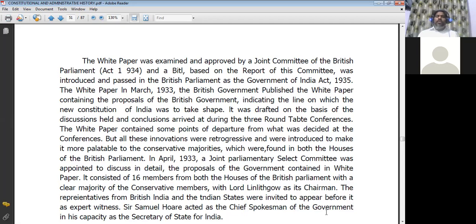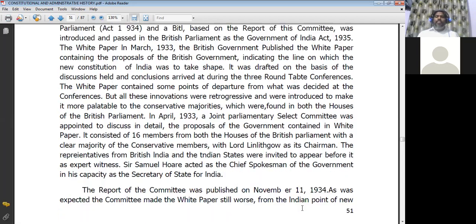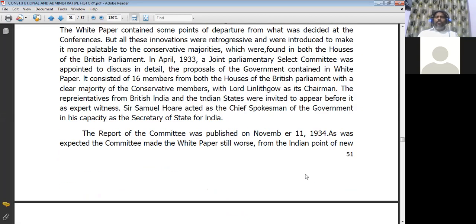The representatives from British India and the Indian states were invited to appear before it as expert witnesses. Sir Samuel Hoare acted as chief spokesman of the government in his capacity as the Secretary of State for India. The report of the committee was published on 11th November 1934.